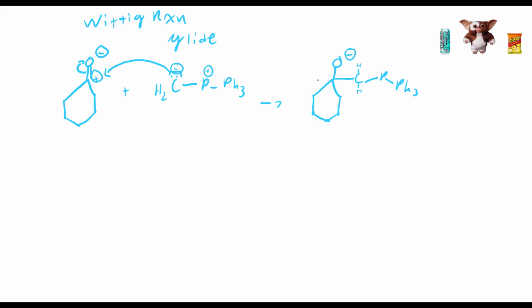Now what we can do here is that this oxygen has a lot of electrons, and it can attach itself to the positive phosphorus. Okay, and when it does that, it becomes like a square, and it's a very complicated name.